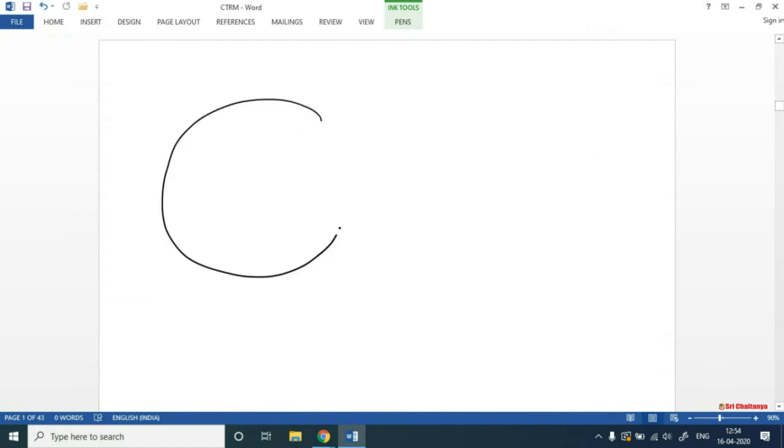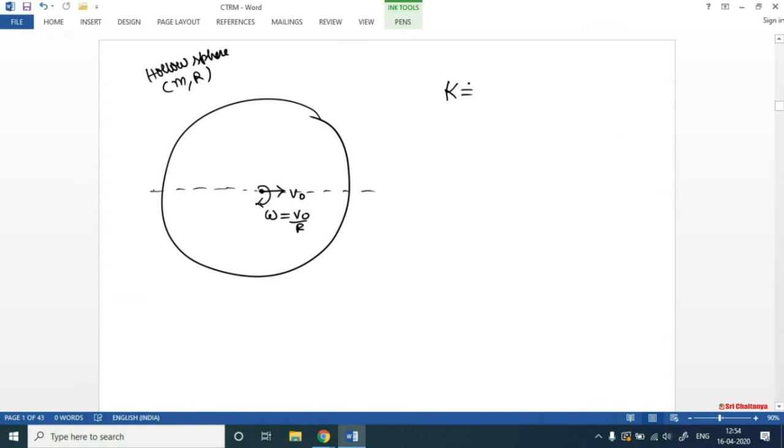This is the whole hollow sphere, its mass is m and radius is r, and it is undergoing rolling motion, so this is v naught and this is omega, which is equal to v naught by r. We are only interested in finding the kinetic energy of the upper part of the sphere. The upper part of the sphere is also undergoing combined translational and rotational motion, so again we can write K_T plus K_R.